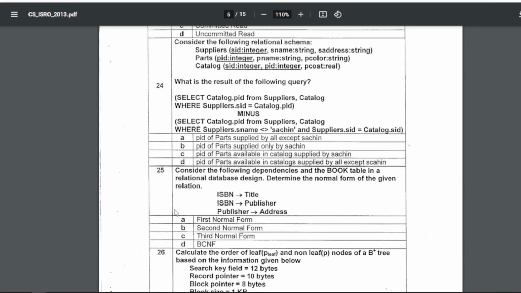Now question number 25 is: consider the following dependencies and the book table in a relational database design. Determine the normal form of the given relation. So ISBN determines title, and ISBN, publisher determines address. If you solve this, you will get the answer as second normal form, right?